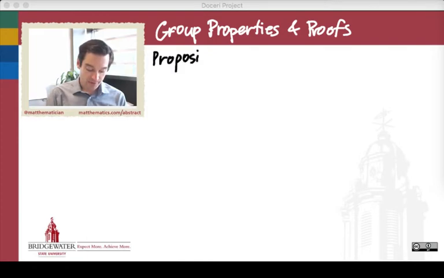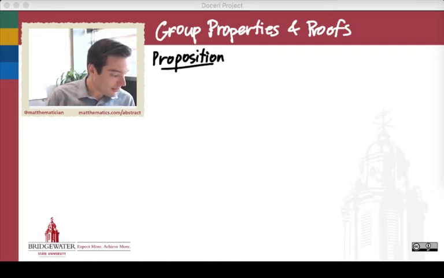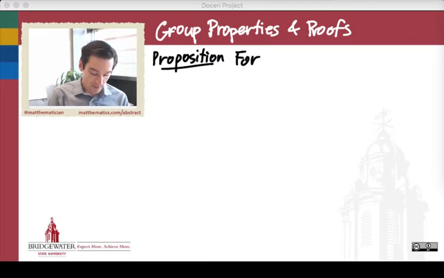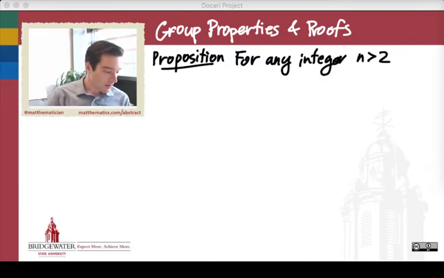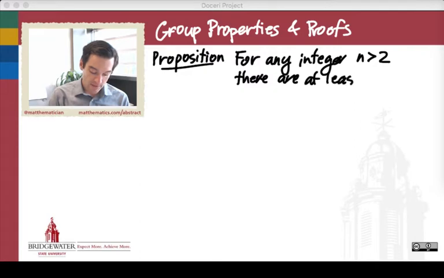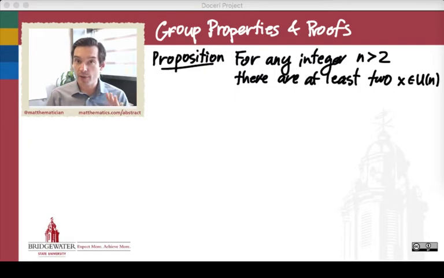So here's a proposition that I'd like to prove. And the proposition reads as follows. For any integer n which is greater than or equal to 2, there are at least two elements in the group of integers under modulo n multiplication.